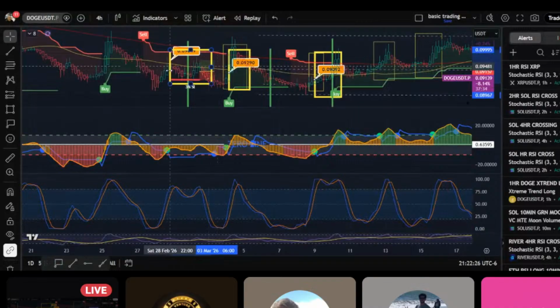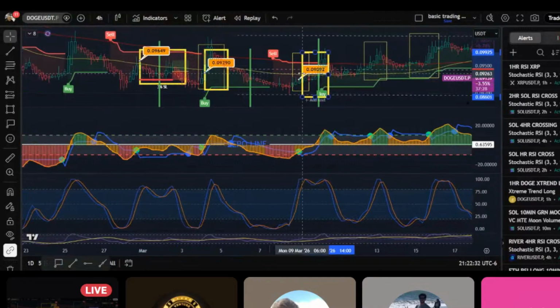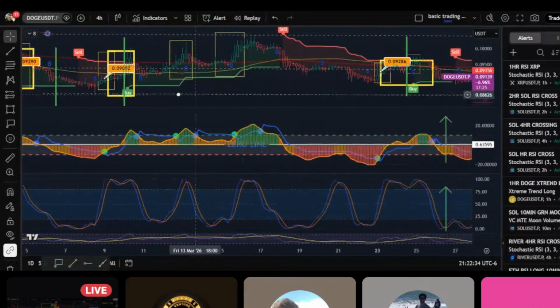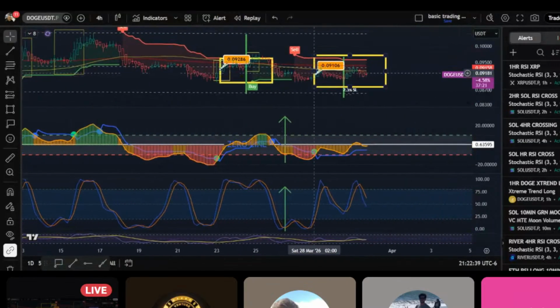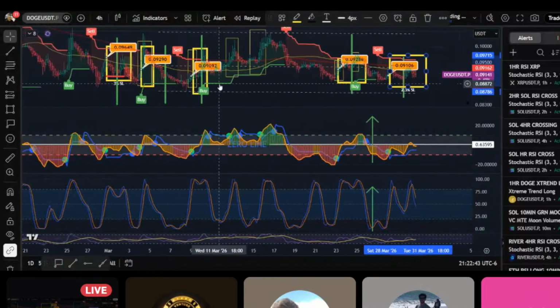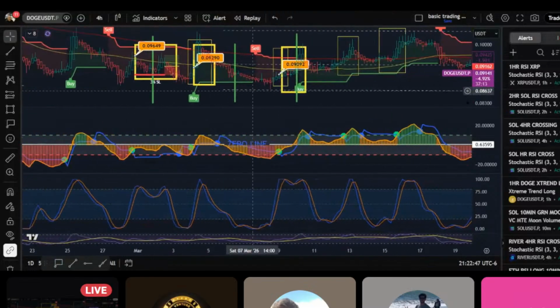Right there. 4-hour green moon right there. 4-hour green moon. Okay, perfect. Now this is the only one that took a loss here. That was at a peak.